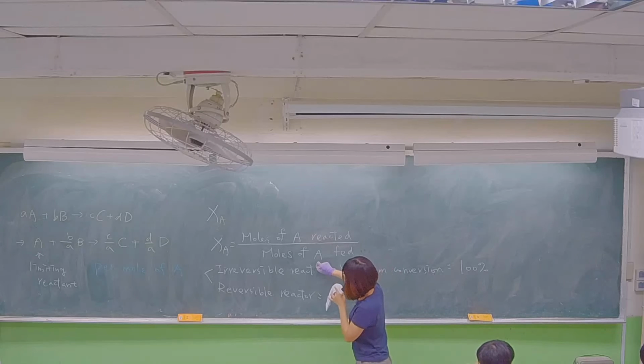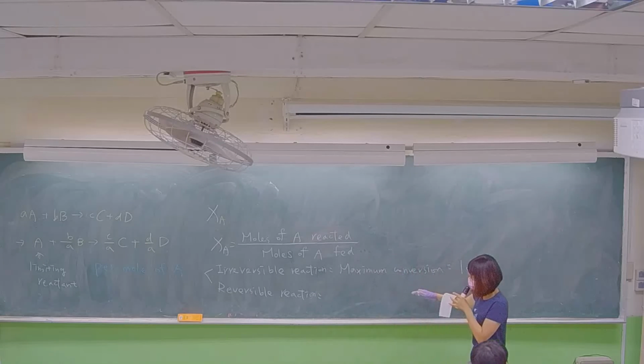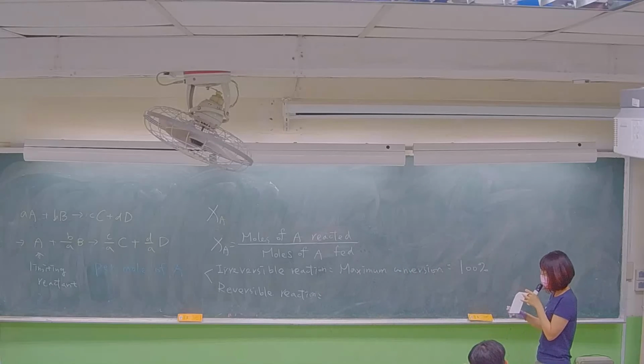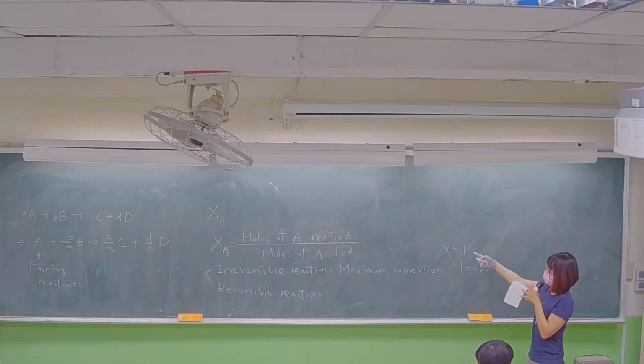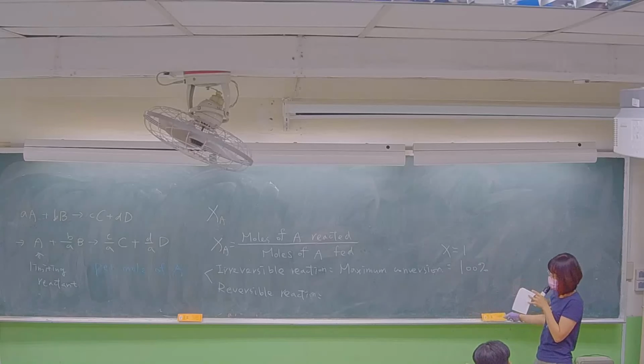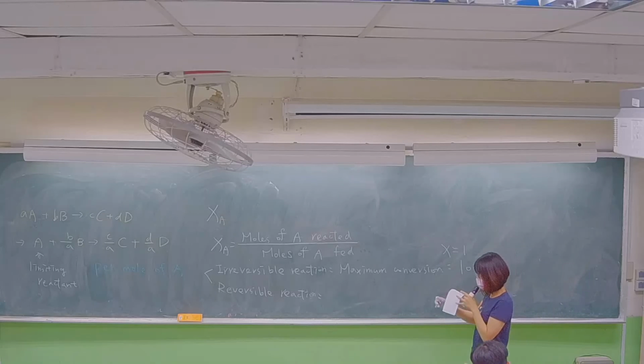For irreversible reaction, the maximum conversion is equal to 100%, or you can say X is equal to 1. The same, right? 1 and 100%. For reversible reaction, reactant and product will go back and forth several times.